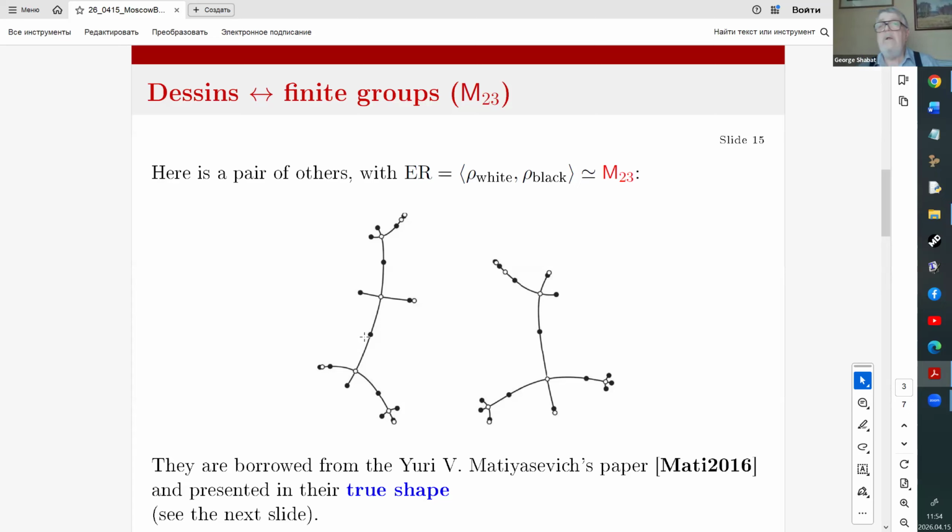And my last suggestion, maybe also for some students' activities, is the problem of reduction of Belyi pairs.